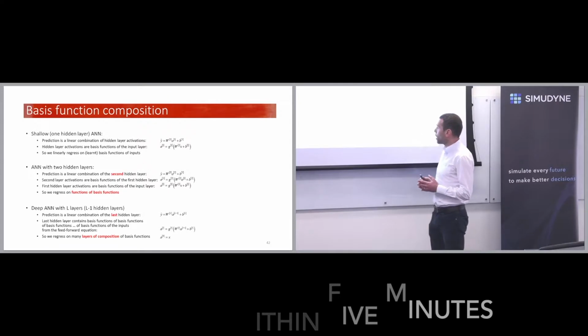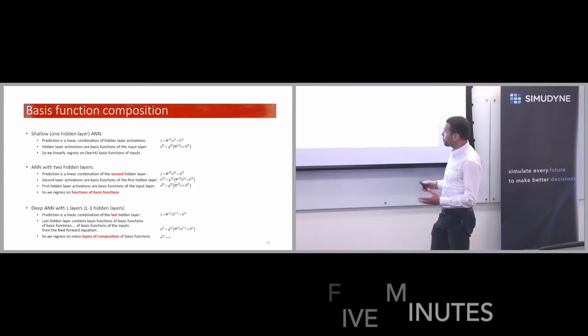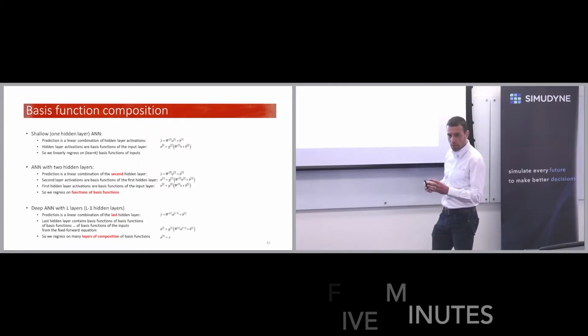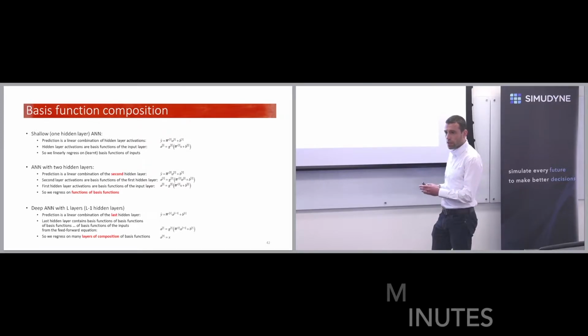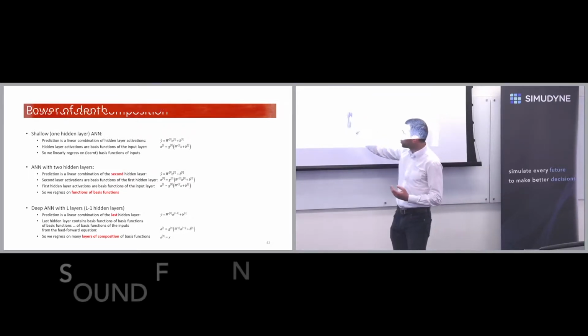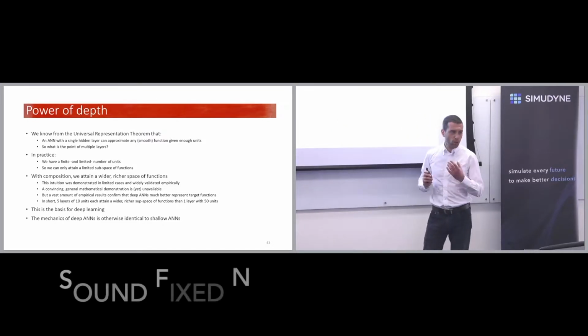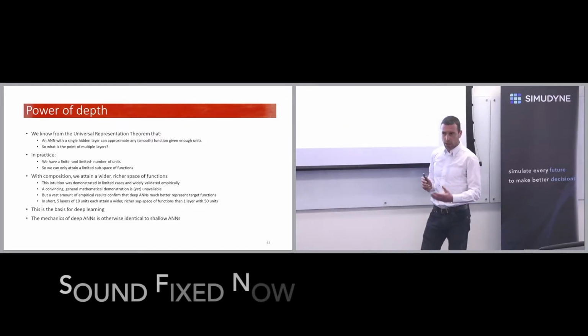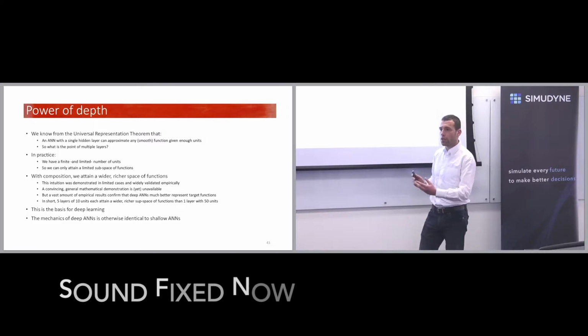It allows the network to attain a wider, richer space of functions with a limited number of units than a shallow network. Take a shallow neural network with only one hidden layer of 10 units. Then our prediction will be a combination of 10 basis functions of the same shape with different parameters.